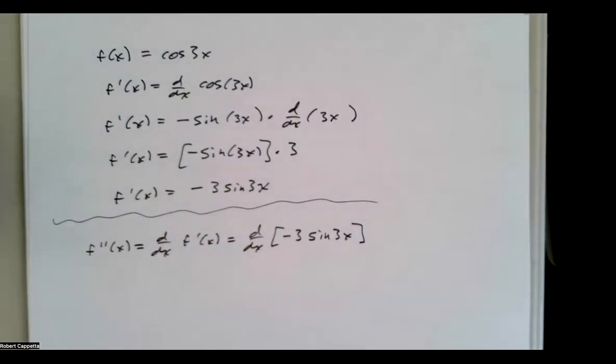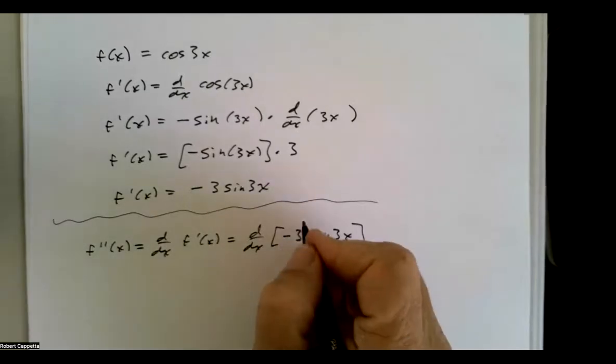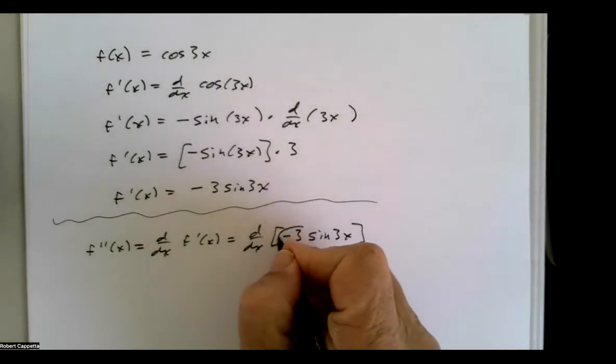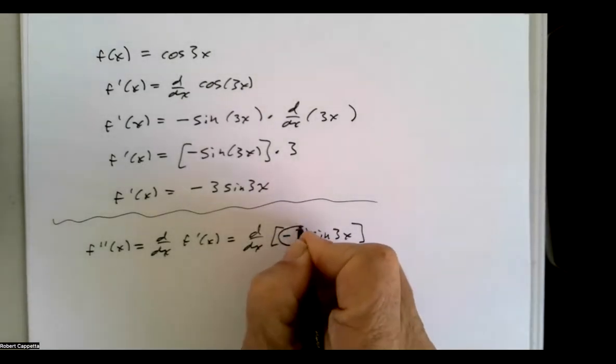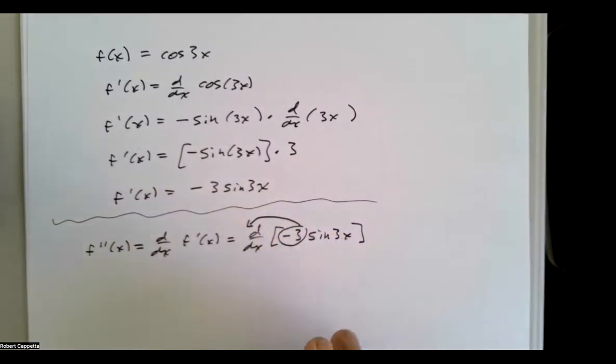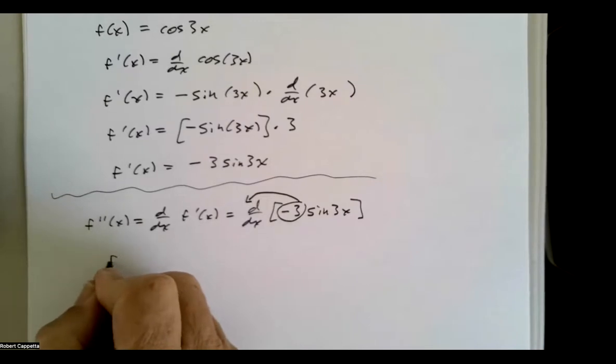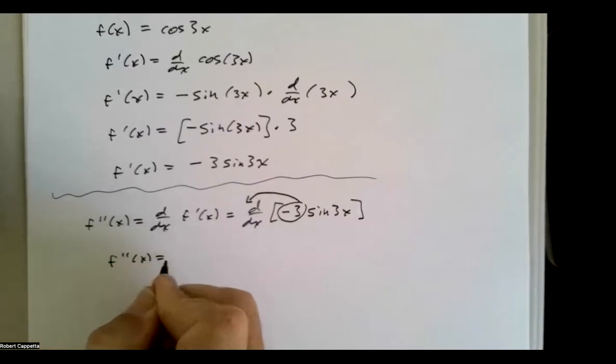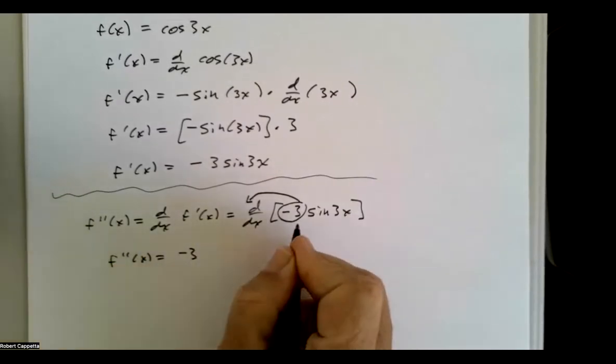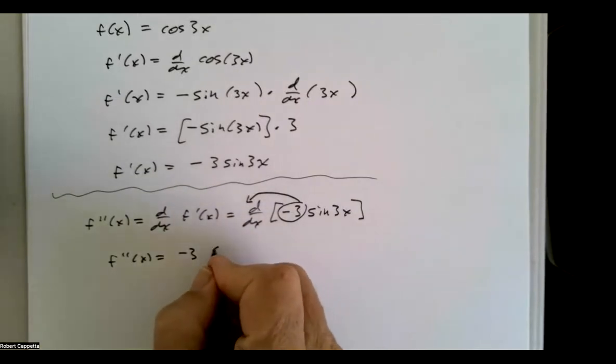And what can we do here? Well, you can pull this negative 3 out in front. It is a constant. It moves in front of the derivative operator. And we have f double prime of x equals negative 3 times the derivative of sine 3x.